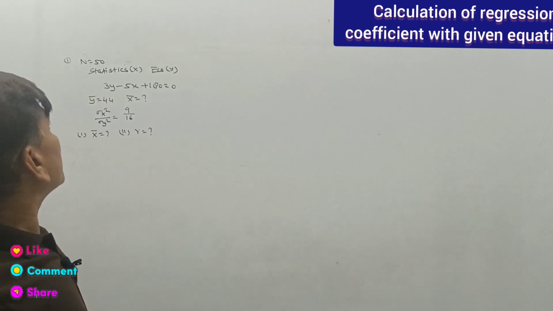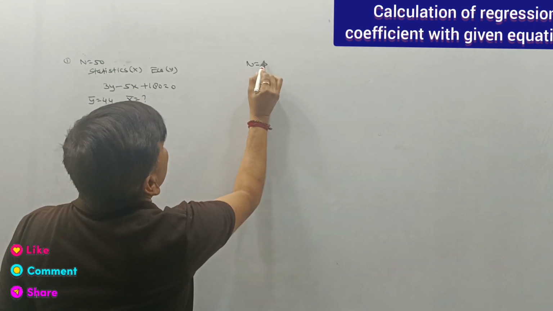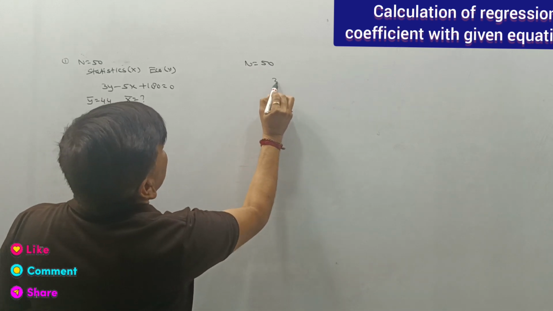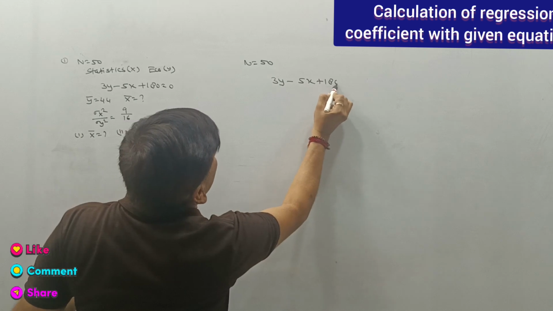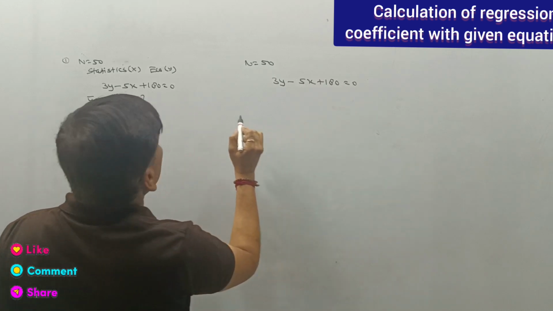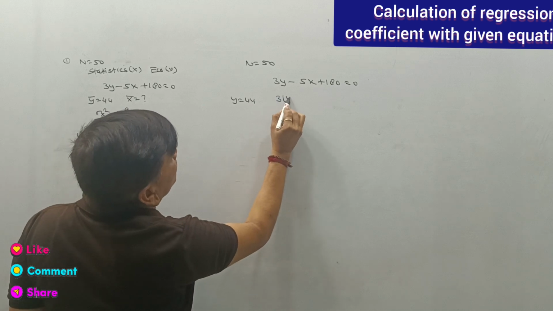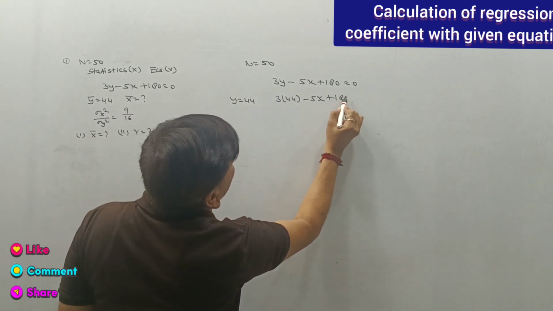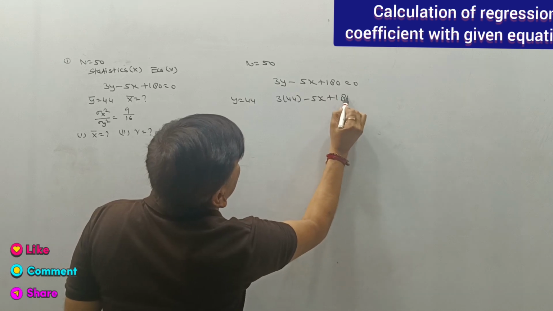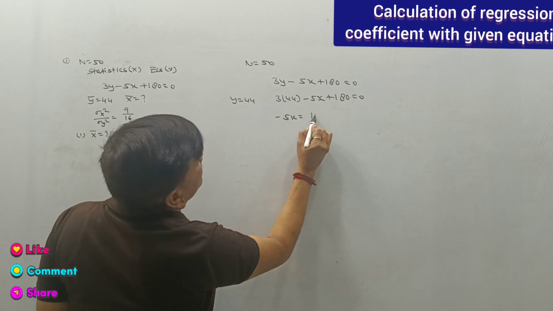So first, we know that the total number n is 50. The equation is given: 3y minus 5x plus 180 is equal to 0. We know that y bar is equal to 44. So putting the value of y, 132 minus 5x plus 180 is equal to 0.